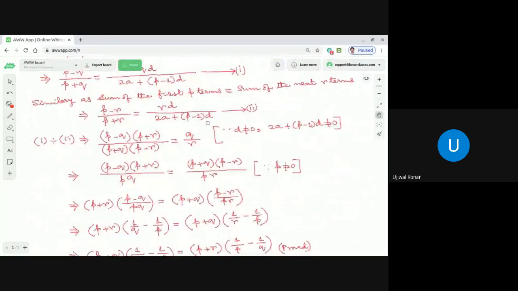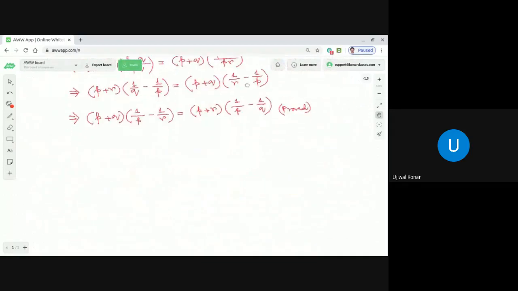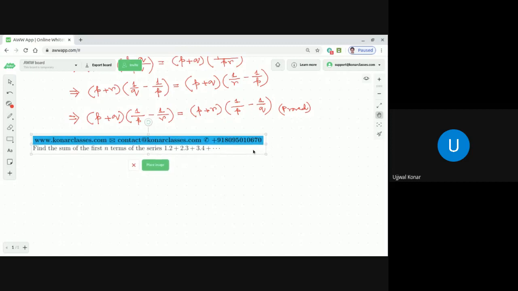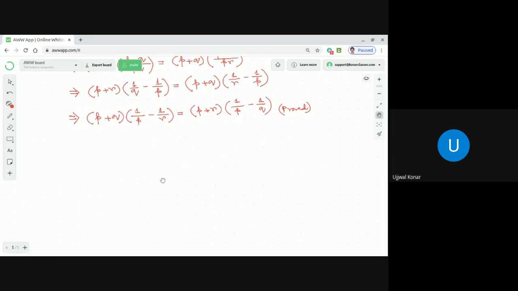You can also look into it later and get back to me. Now let me go to the next question. The next question is to find the sum of the first n terms of the series 1 into 2 plus 2 into 3. Anyway, I made the derivation, you can look into it again and always ask me later.